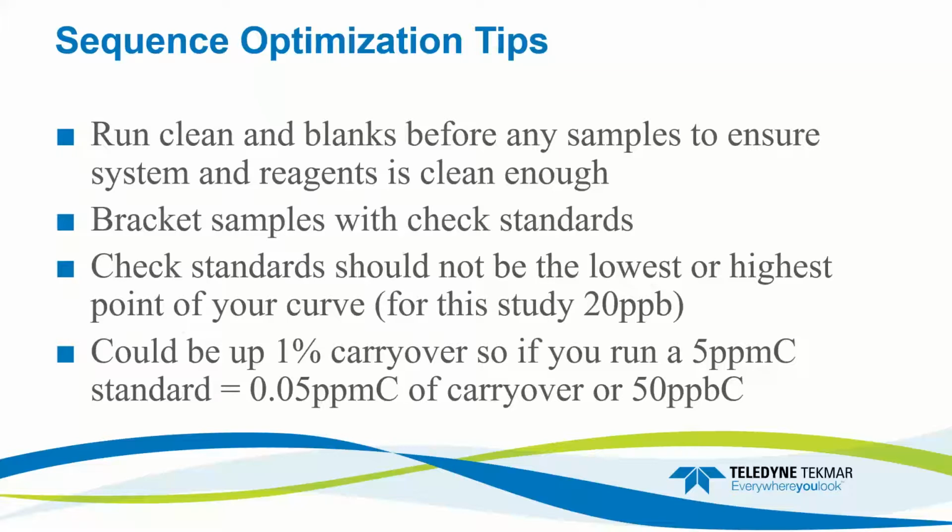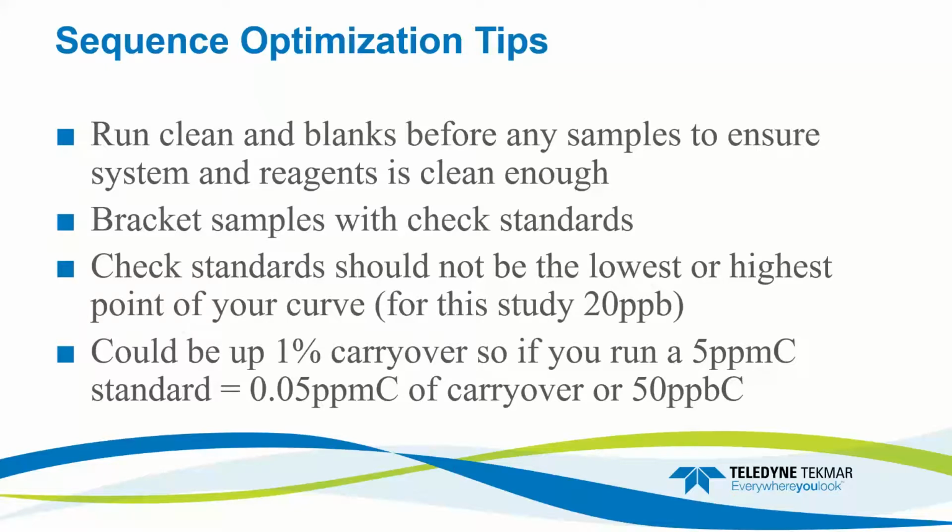For this study that we're doing, we actually looked at a 20 ppb check standard on our curve. Our curve was from 0 to 0.5 ppm. And then the carryover is up to 1%. So if you run a 5 ppm carbon standard, you're going to get 50 ppb of carryover. So we want to make sure that we reduce that.